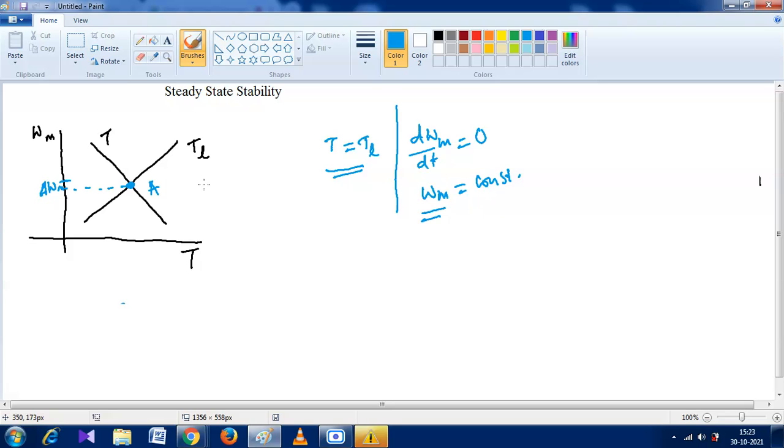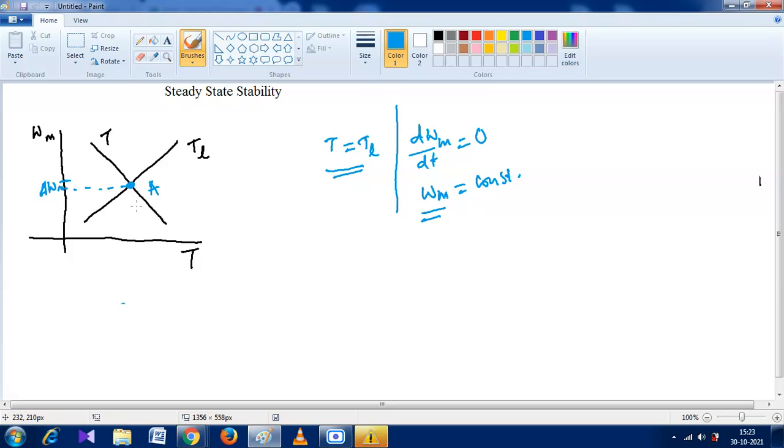If there is no acceleration and deceleration, then we can say the motor load system will run at equilibrium, and this is the A point for this motor load system, and A is called the equilibrium point.